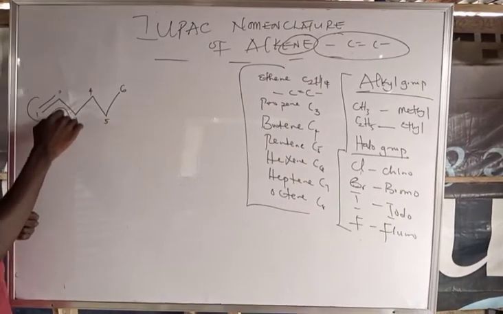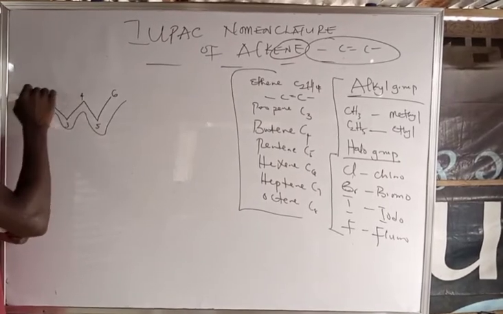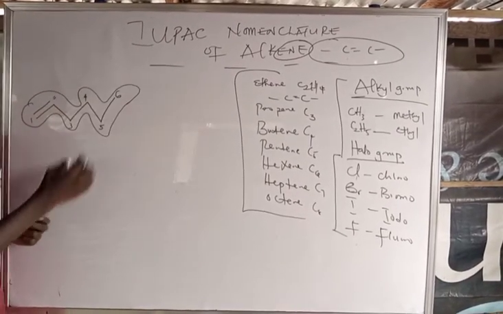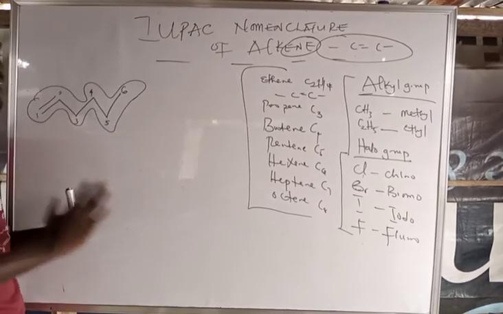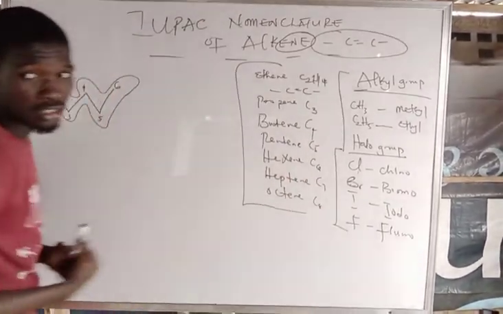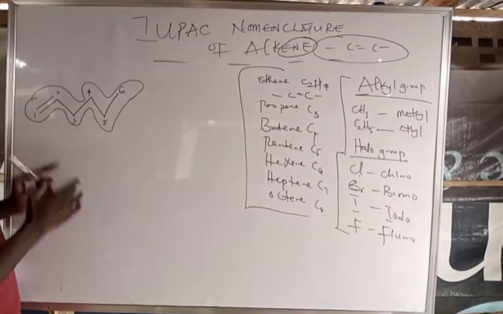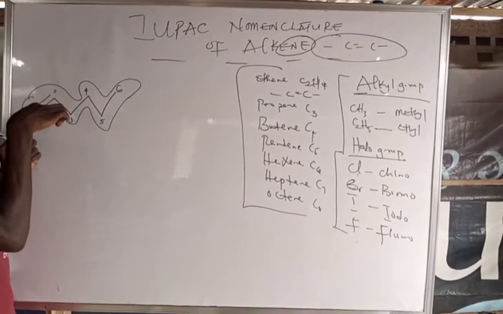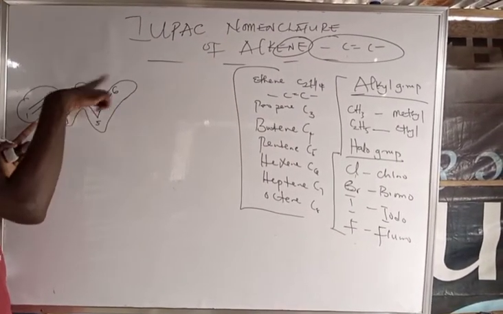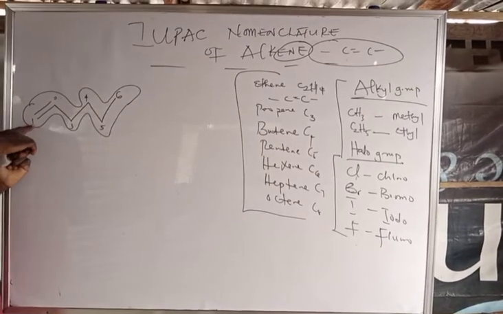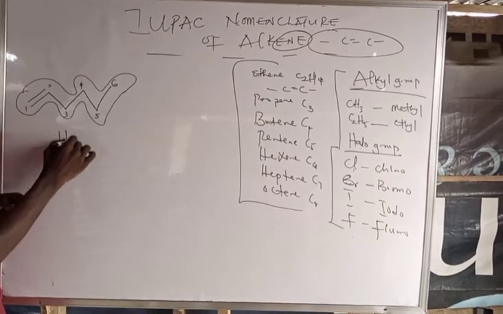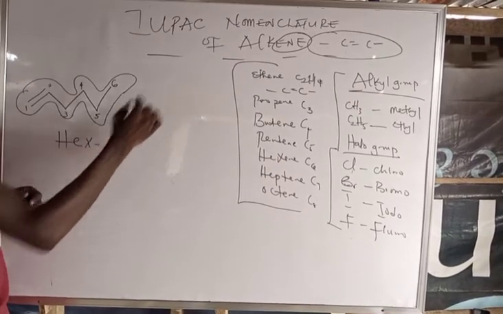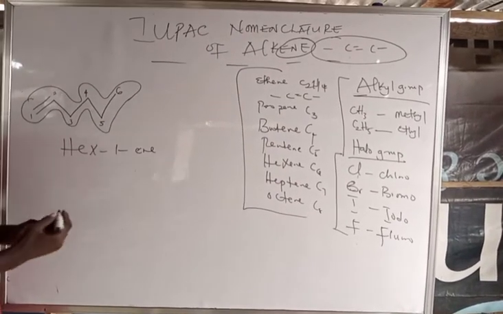This is the longest continuous carbon chain, that is the parent chain. The one with 6 carbon atoms is what? Hexane. Are you with me now? The double bond being associated with the parent chain has the value 1. So we're going to say hex-1-, and the suffix is what? -ene.